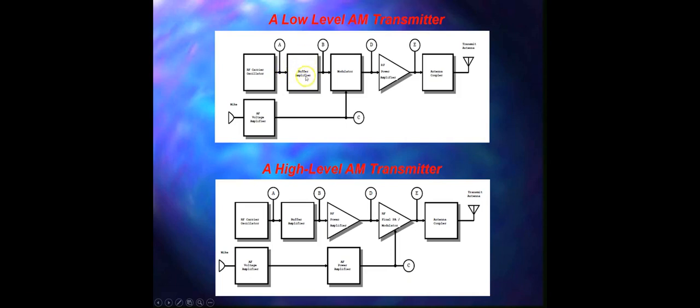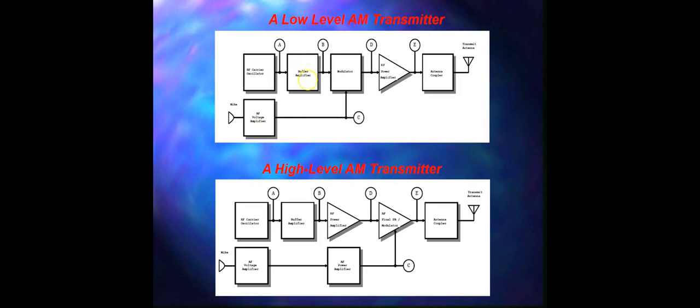This buffer amplifier is a relatively low gain amplifier that follows the oscillator, and it has a constant impedance. Therefore, it always draws the same amount of current from the oscillator. This also helps to prevent pulling of the oscillator frequency.